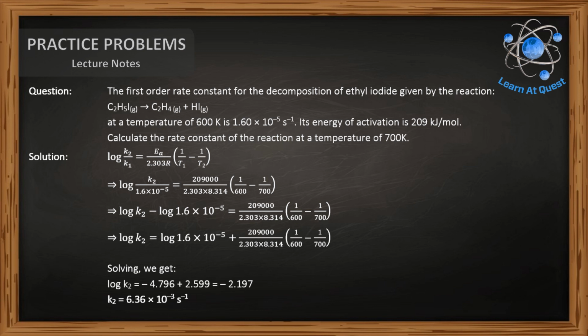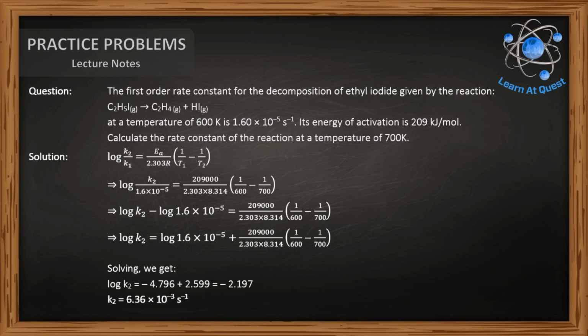On the left hand side of the equation, we can write log of K2 minus log of 1.6 multiplied by 10 raised to minus 5 equals 209,000 divided by 2.303 multiplied by 8.314 multiplied by brackets 1 upon 600 minus 1 upon 700.